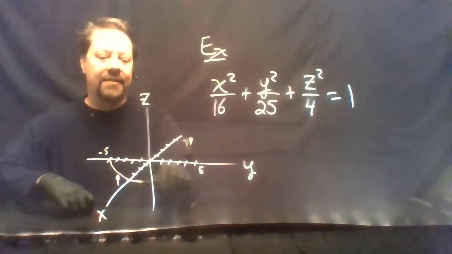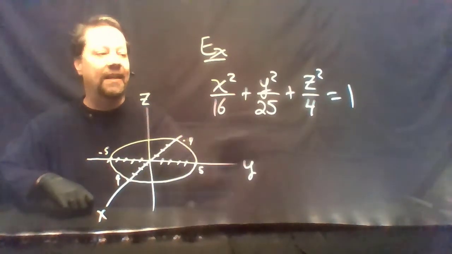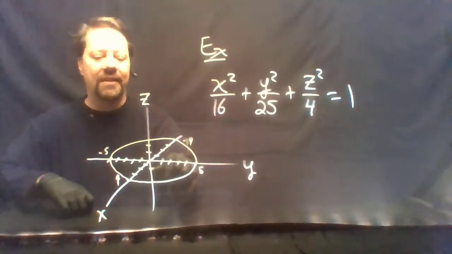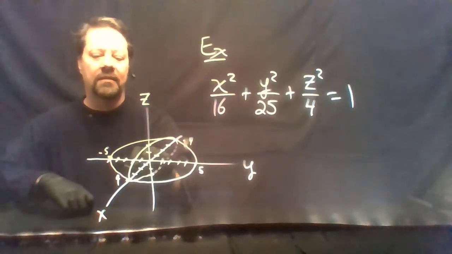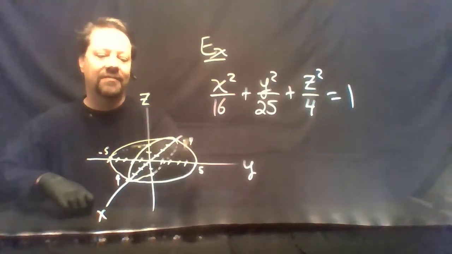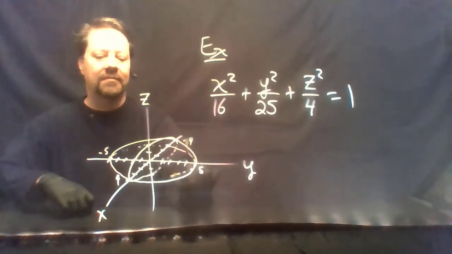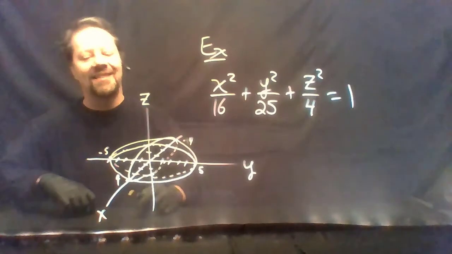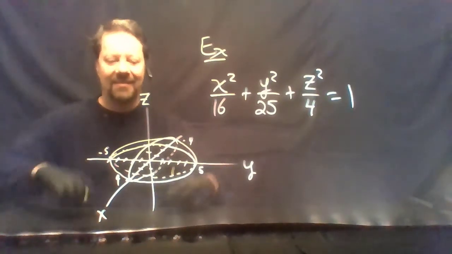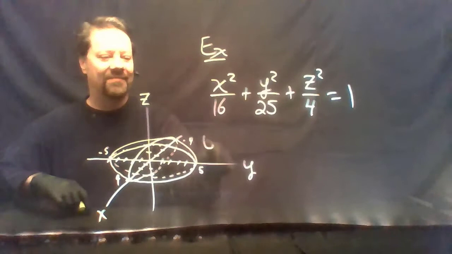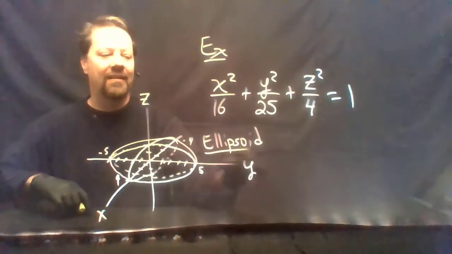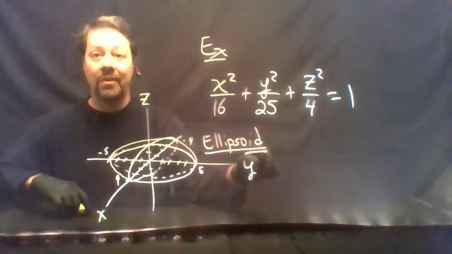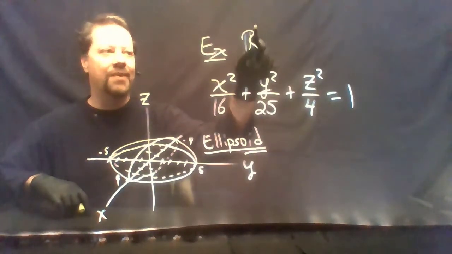So far, that gives us an ellipse in the xy plane. On the z-axis, we go 2 units. So you can see what this might look like. Something like this. Kind of a squashed ellipsoid.